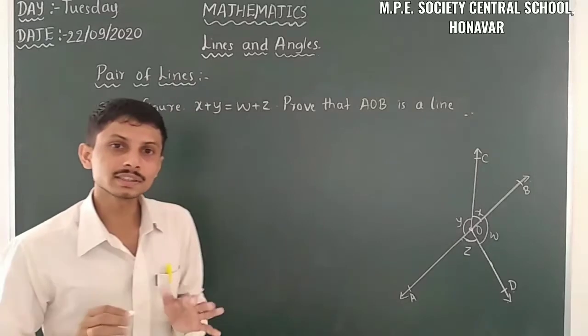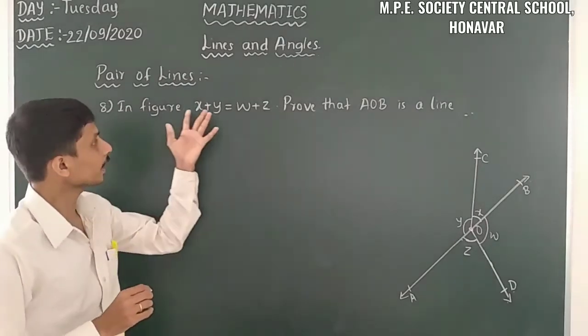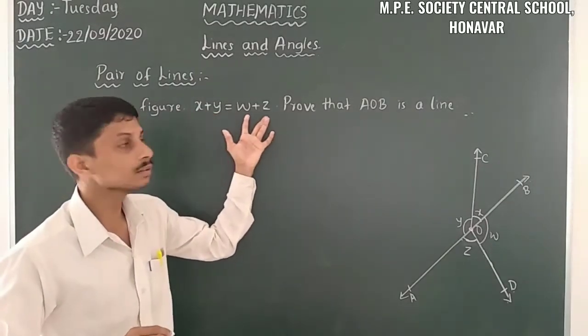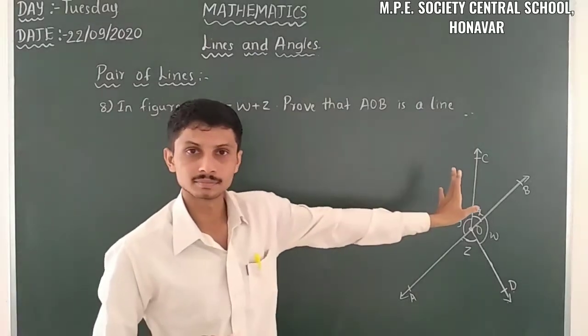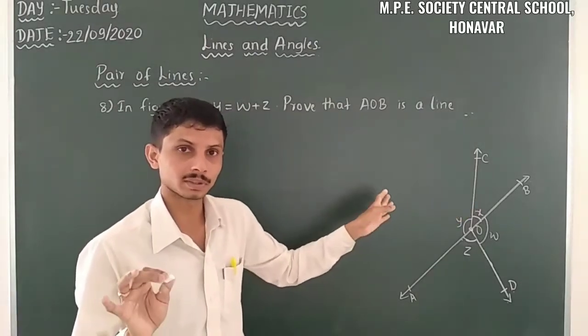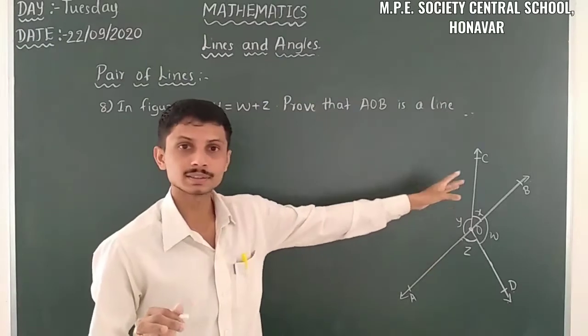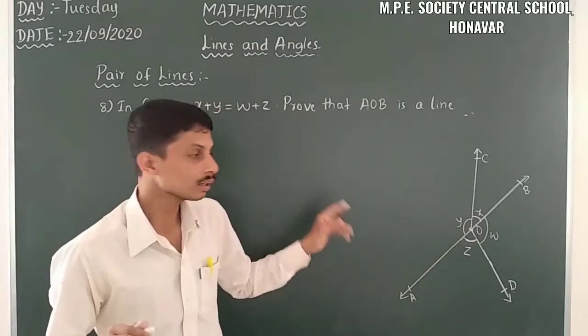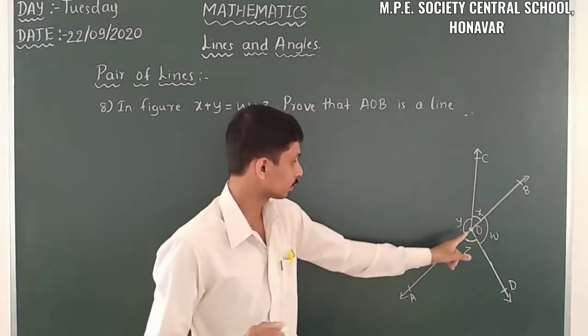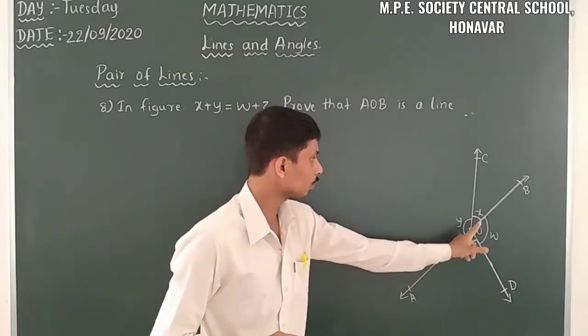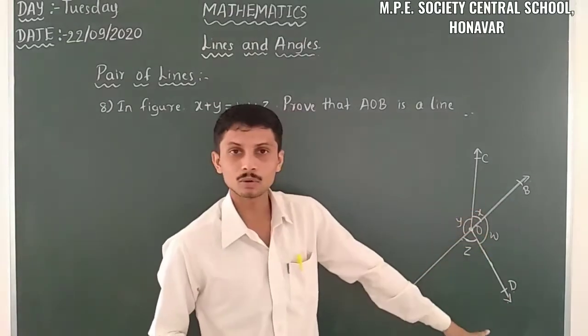The next question tells us that in the figure, x plus y is equal to w plus z, prove that AOB is a line. It's a very simple problem. Just observe, a figure is given here. There are four rays, that is AO, OB, OC and OD.